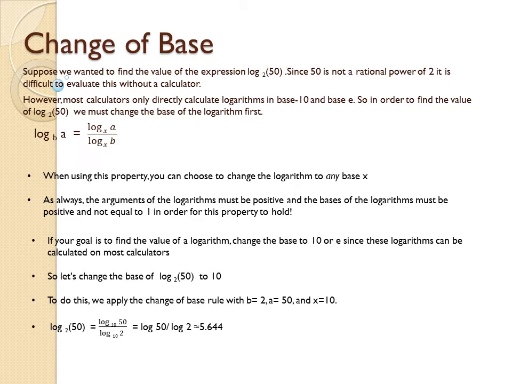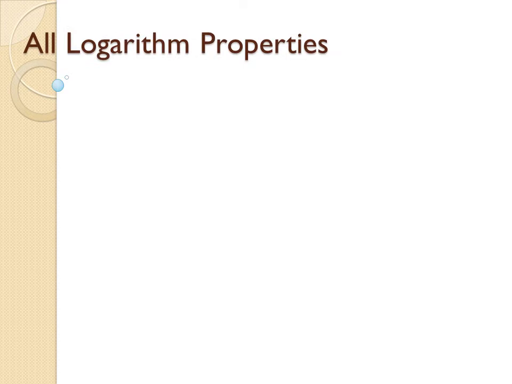So log 50 to the base 2 equals log 50 to the base 10, divided by log 2 to the base 10. That means log 50 divided by log 2. Log 50 I can find through the calculator, log 2 I can calculate through the calculator, and this becomes 5.644. So it becomes much easier when we do change of the base. I hope the example is clear.